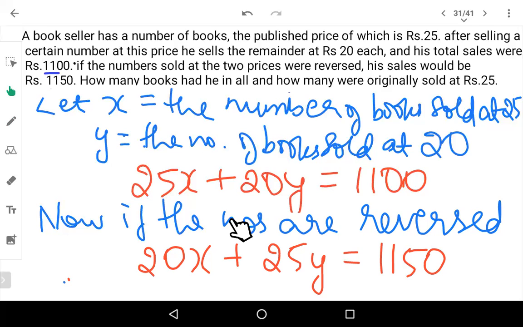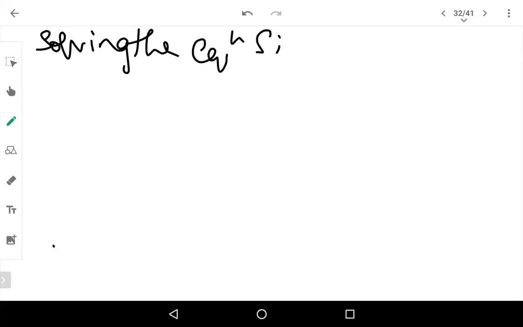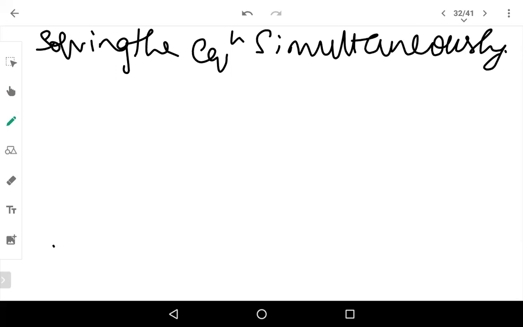Now solve both the equations and give me the answers for x and y. x is equal to 20, y is equal to 30. Good, Anusha. Others, solve.